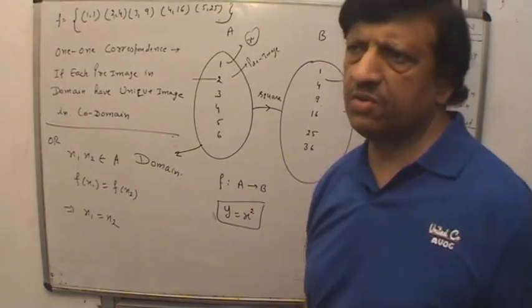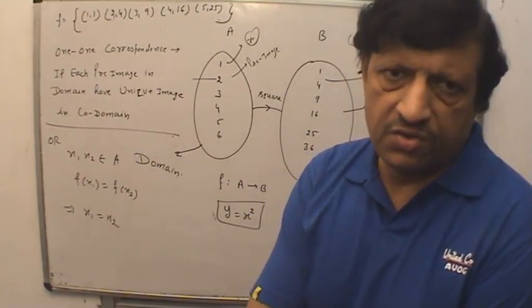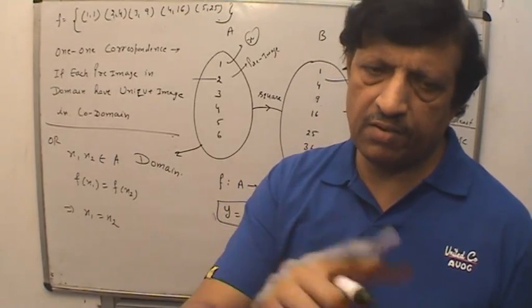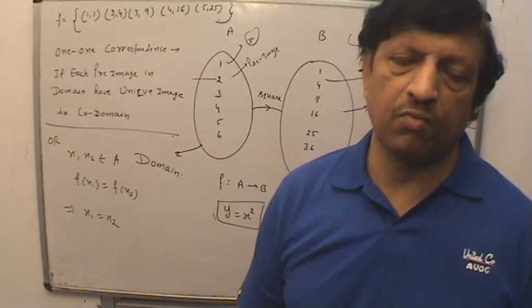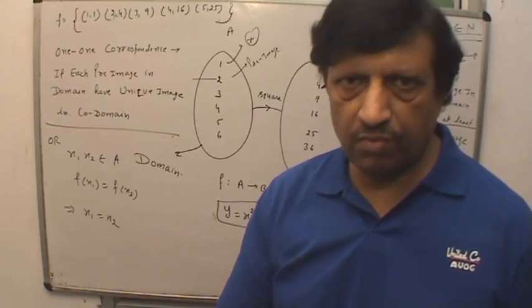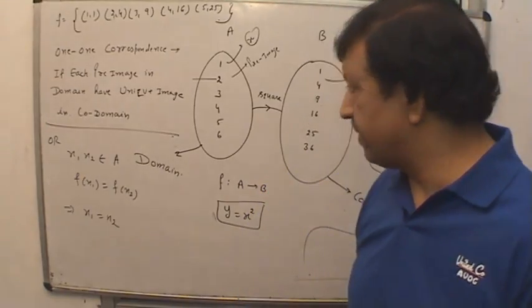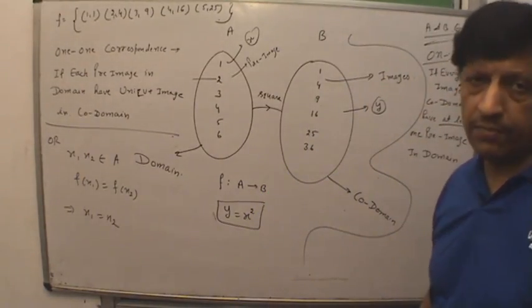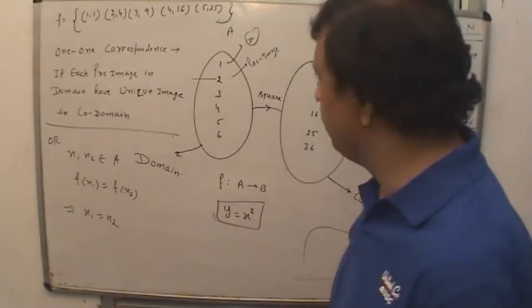In physics we say only one object, one image. Or we can say one image, one object. But in mathematics there is a difference in the law.